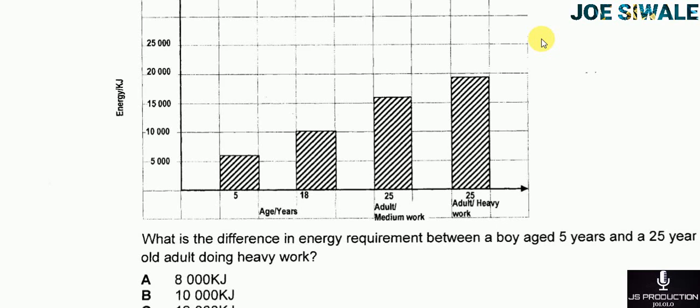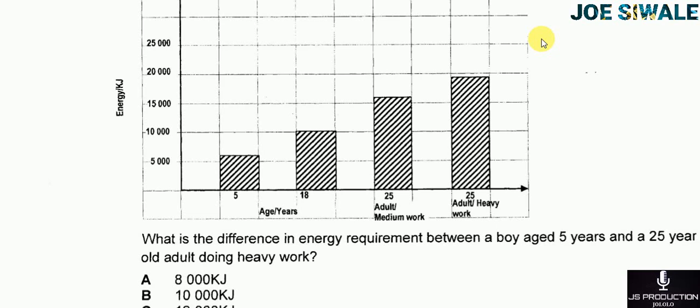According to the graph, I've just approximated that figure because I'm having 5,000 and the energy levels, as you can see on the graph, it is above 5,000. So I've just estimated that as being 6,000 kilojoules. And what about an adult of 25 years doing heavy work?